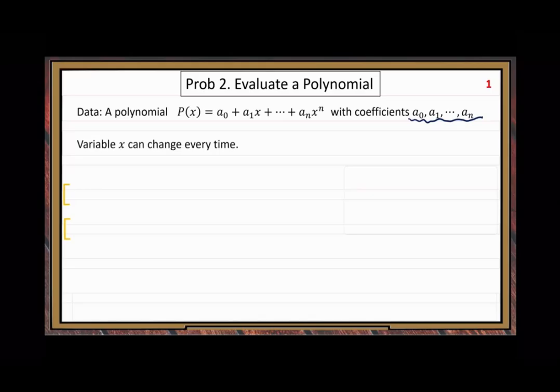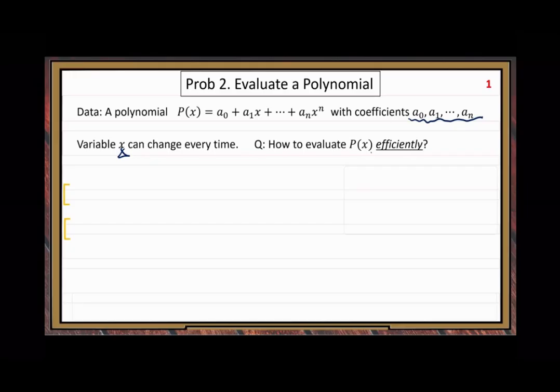All right. And we also need to know the value of the variable x. Question. How to evaluate polynomial p of x efficiently?